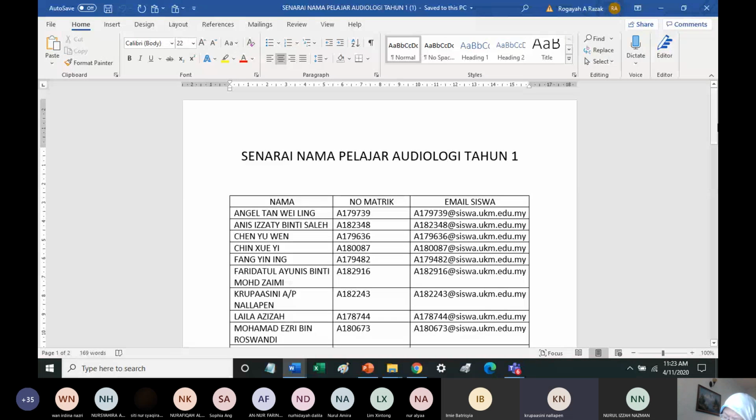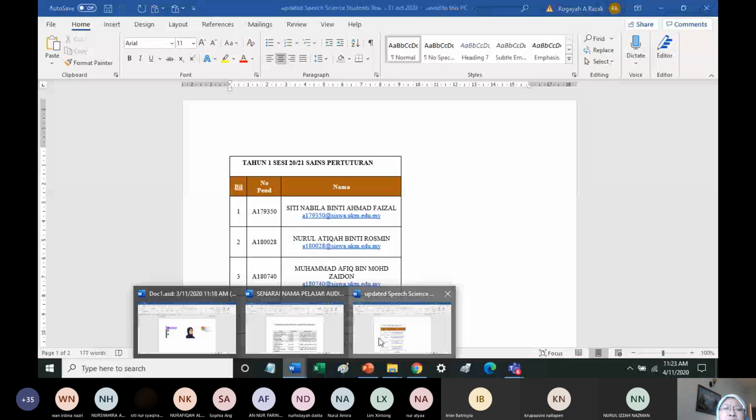Wait, I'm assigning the names first. Krupasini will do number 1, and then Laila Aziza will do number 2, and then Muhammad Izri will do number 3.